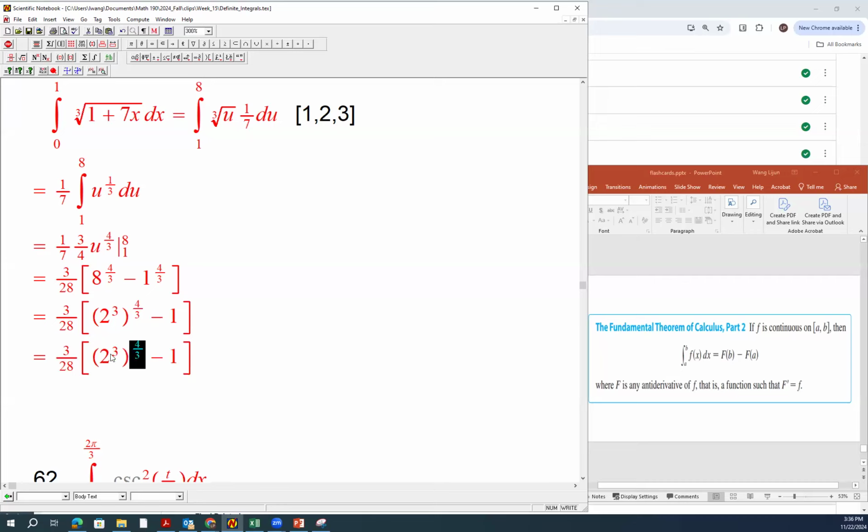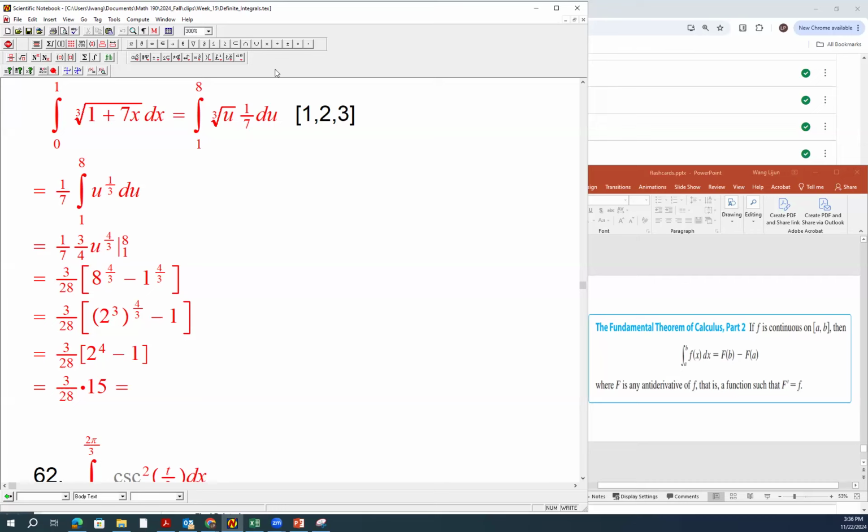So this is 2 to the power of 4, and that's 16. 16 minus 1. The rest is just arithmetic, so this makes 15.